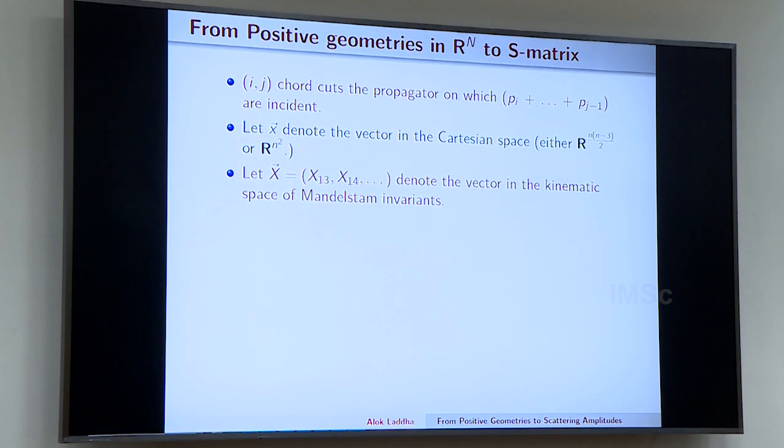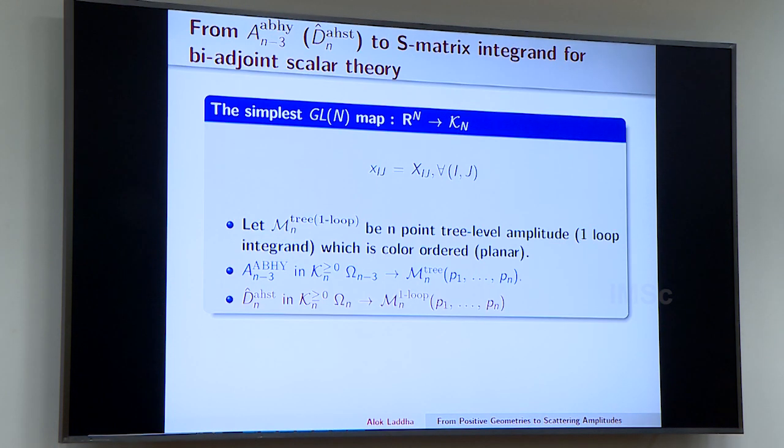But we already know that there is a nice basis in the kinematic space of Mandelstam invariants, which is the capital X13, X14. So now we can see that there are two Cartesian spaces of the same dimension with different bases. One is the usual physics basis, the capital Xij, and one is the totally abstract small xij basis. So we can ask what the possible maps are that we can define between these two bases, and that will give us the connection with the physics.